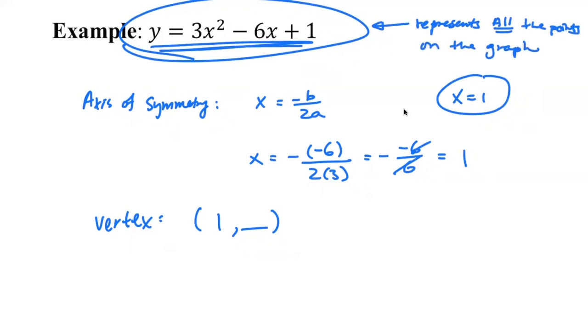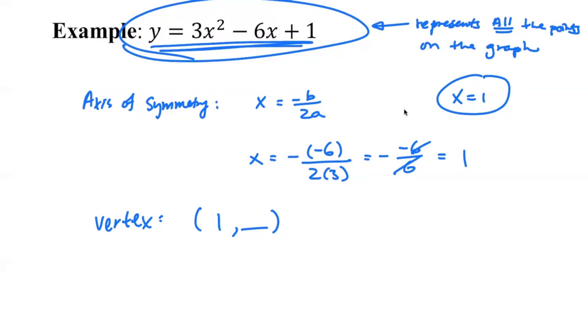It doesn't matter if it's a quadratic equation, linear equation, or whatever equation. If you have an equation, it represents all of the points. That means if you have x, you can find the y. If you have y, you can find the x.